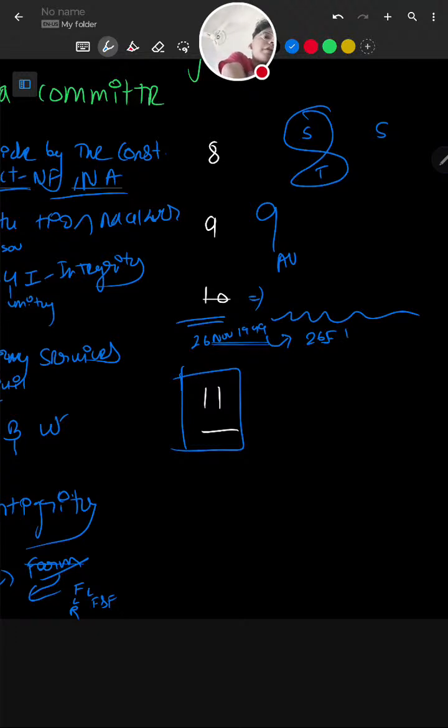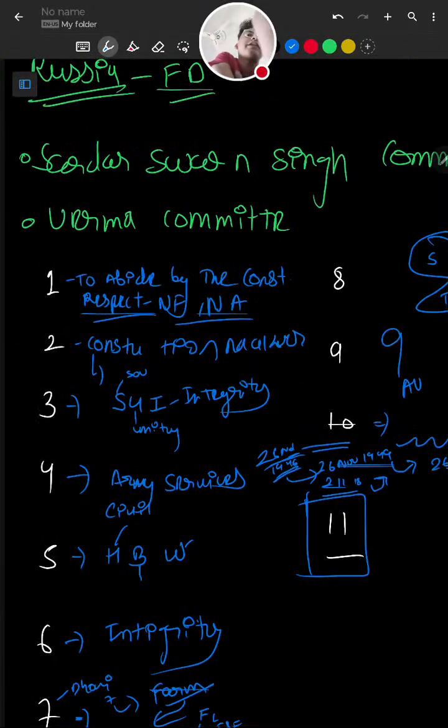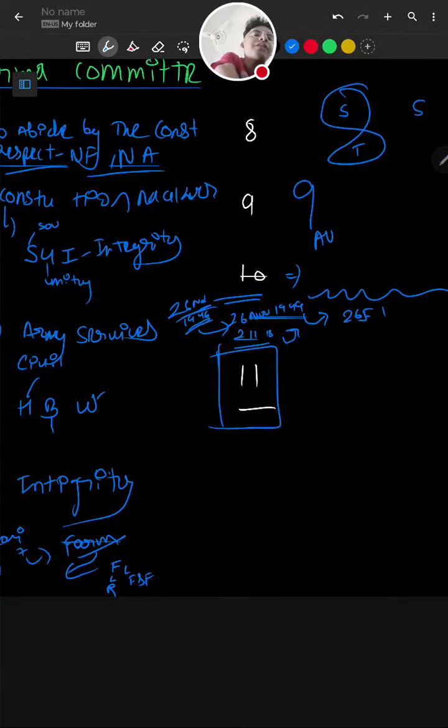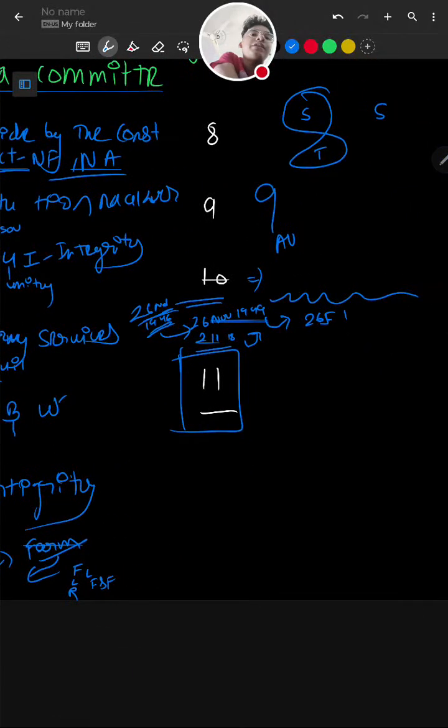From the 26th of November of 1946 till that date, it was about 2 years, 11 months and 18 days. During this time, we made all of these 10 duties with the help of the Sardar Swaran Singh Committee and Verma Committee. But this one was added later on, under the 66th Constitution Amendment Act.